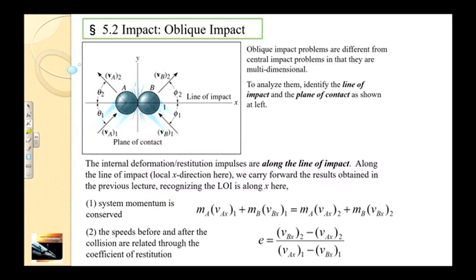Then we draw a line tangent to both surfaces at that point. That's actually my plane of impact, POI. Perpendicular to this, going through that point, is my line of impact.